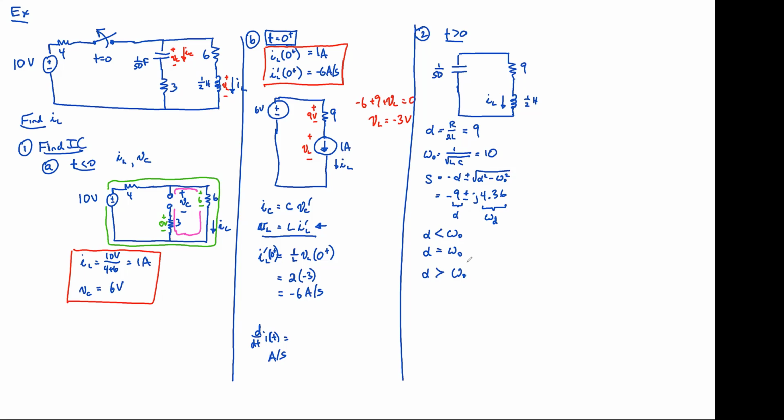For this particular case, we see that 9 is less than 10. So this is the case that we're in. We're in an underdamped case, which means it's going to oscillate, which means we're going to get sines and cosines in our equation.